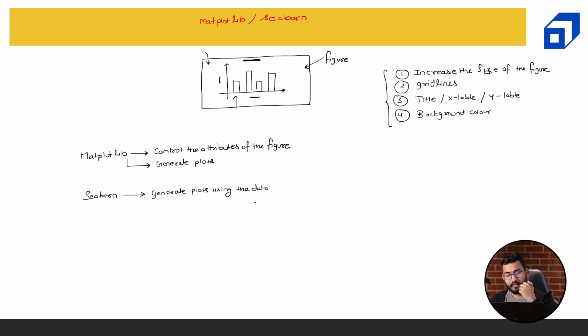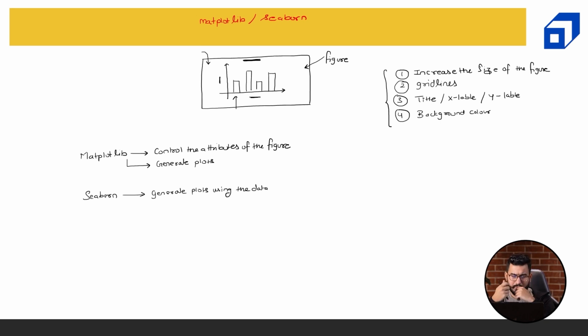So if I'm having the task to do anything with the background, which is my figure, I cannot do that with Seaborn. If I have to generate a box plot, bar chart, histogram, line chart, maybe any kind of plot, then Seaborn is something which can help you. But if you have to do anything with the background, the figure, you have to use Matplotlib.